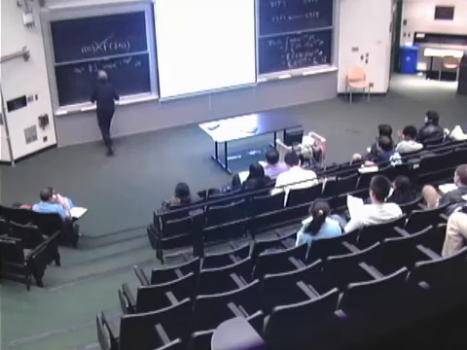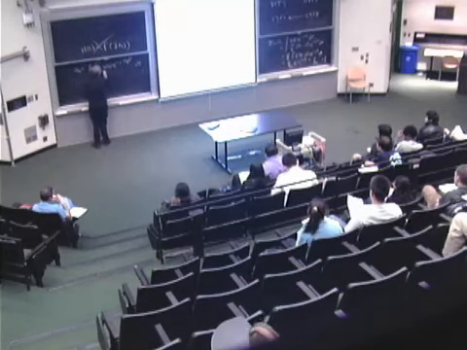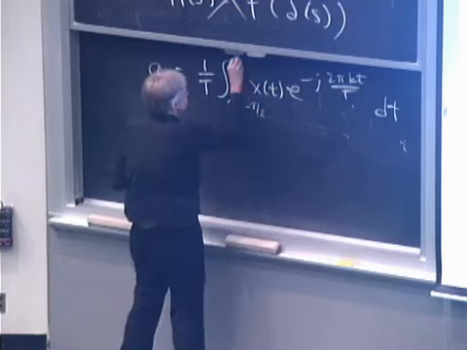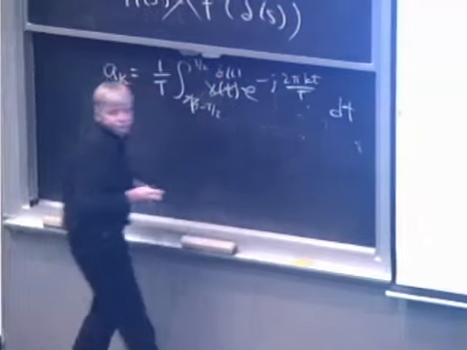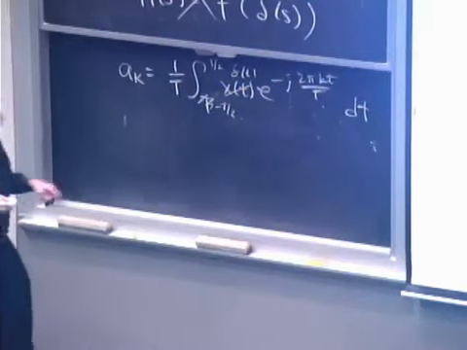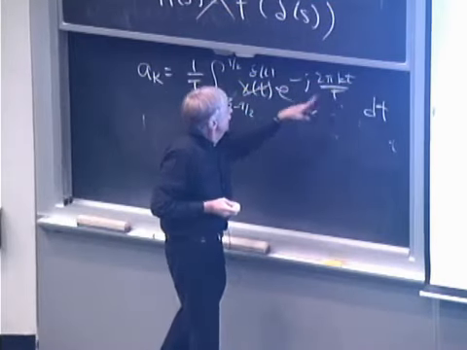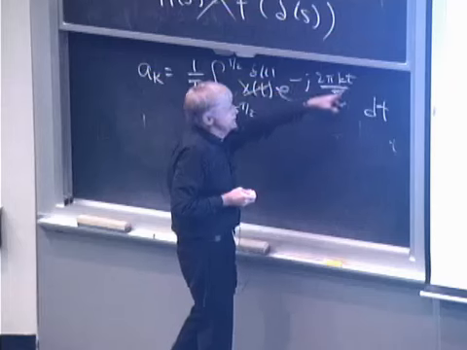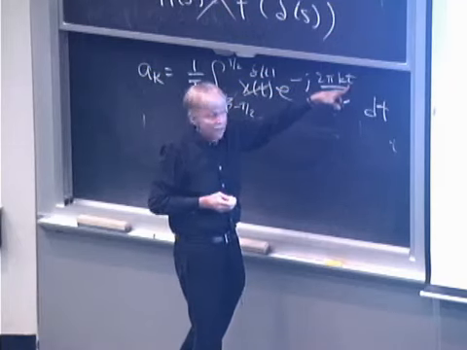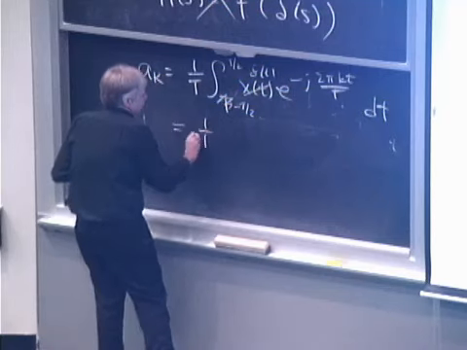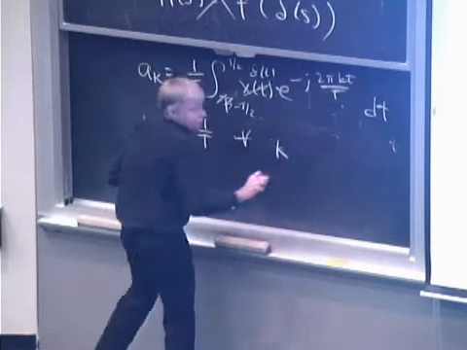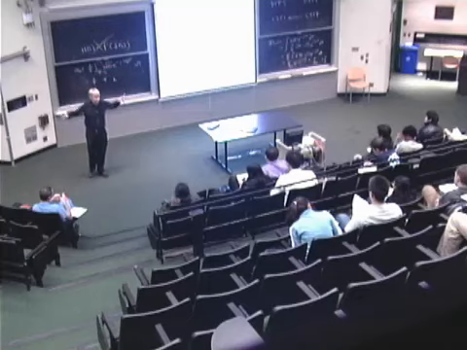If I integrate from minus T by 2 to T by 2, then the only thing that persists is delta of t, and delta of t sifts out the 0 value of this guy. But e to the 0 is 1. So this is 1 over T for all k. We knew that, right?